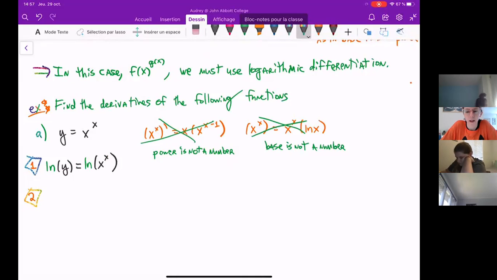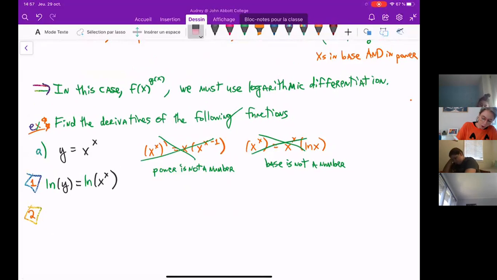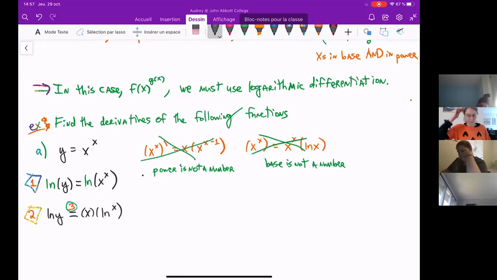And now I want to simplify. What simplification can I do here? 1 the product, 2 the quotient, 3 the powers. I can do my third rule. You guys got it. Good job. I can do my third rule because I can bring that x down to the front. So ln y is equal to, here I'm doing the third rule, x times ln x.